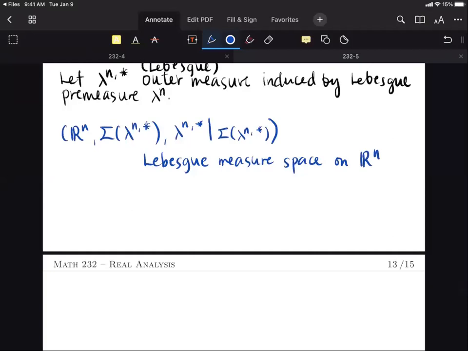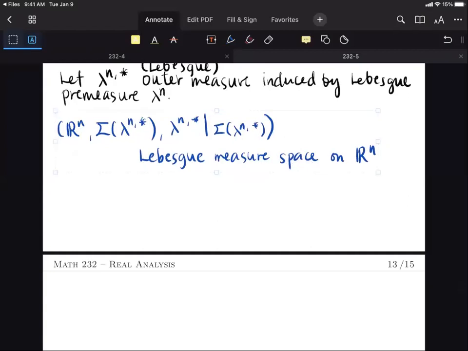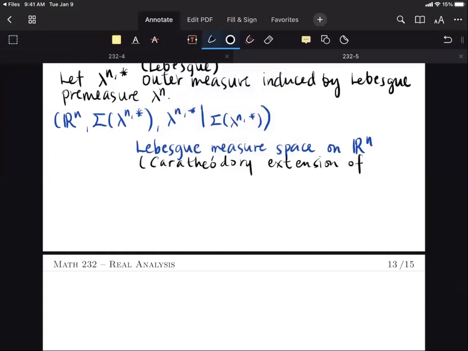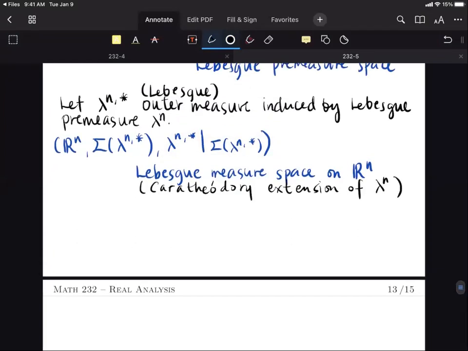Okay, so this will be your Caratheodory extension of your Lebesgue pre-measure lambda n.